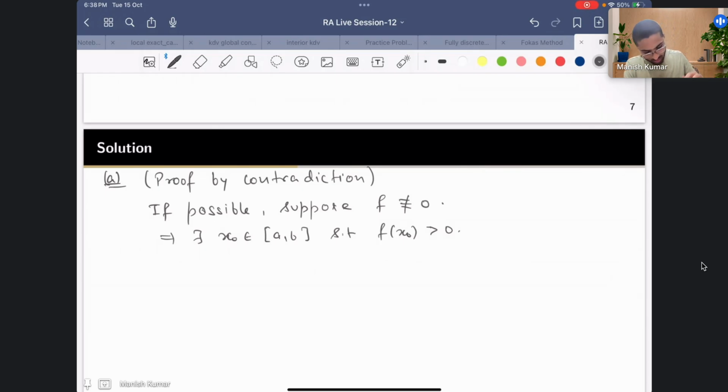Okay, I'll write it. You have assumed that there exists x naught such that f of x naught is strictly greater than 0.